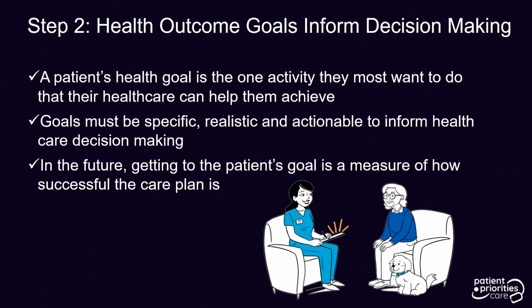For example, when Mrs. B sees her PCP, he may ask, "Have you been able to watch your grandchildren more since we've decreased the dose of medication?" Or, "Have you been able to drive now that we have increased the medication?" The goals will be used to figure out whether the treatments have worked for the patient. In the future, getting to the patient's goal is a measure of how successful the care plan is.